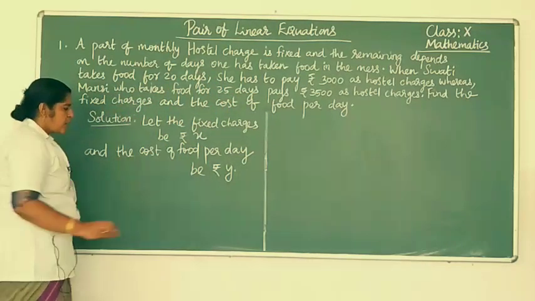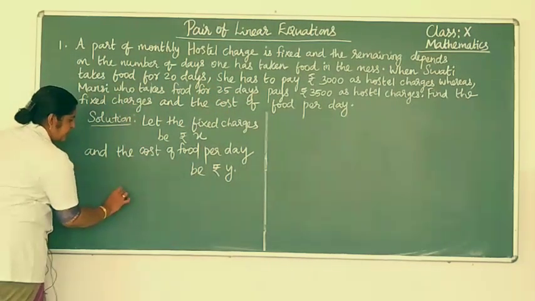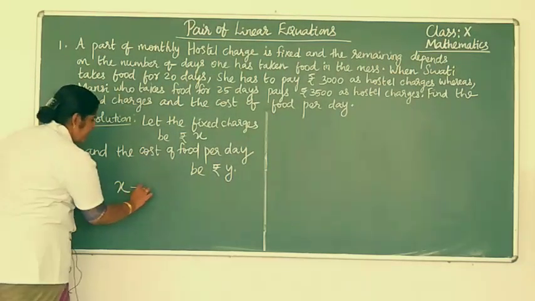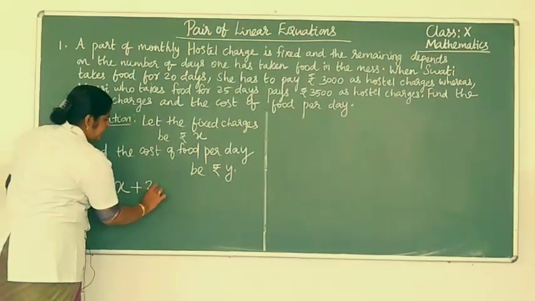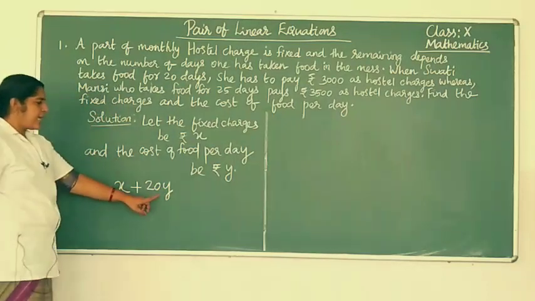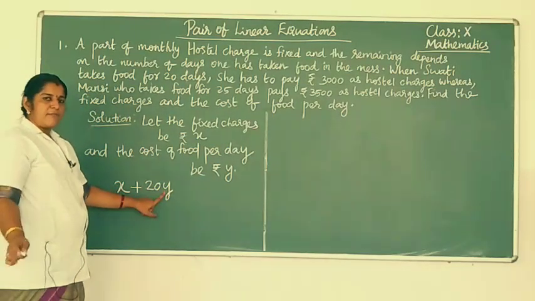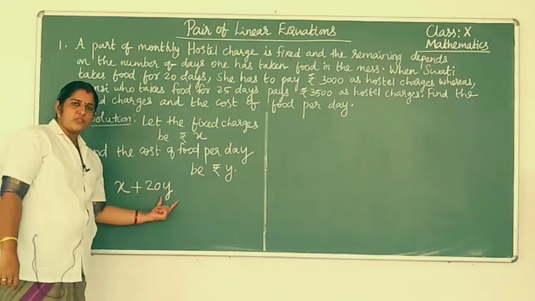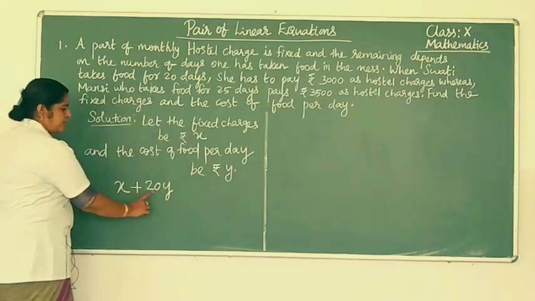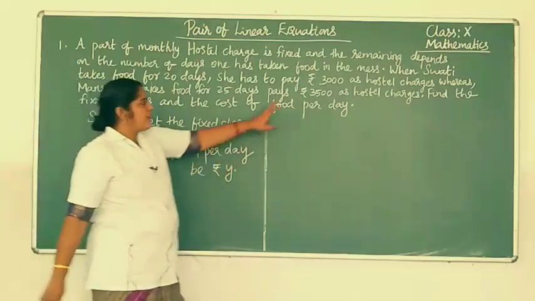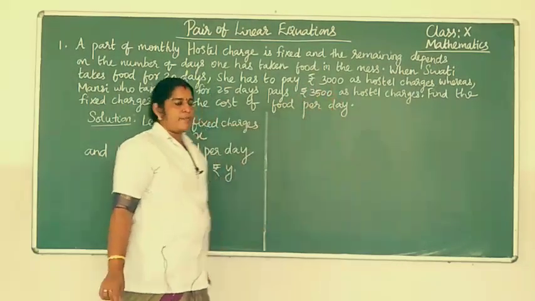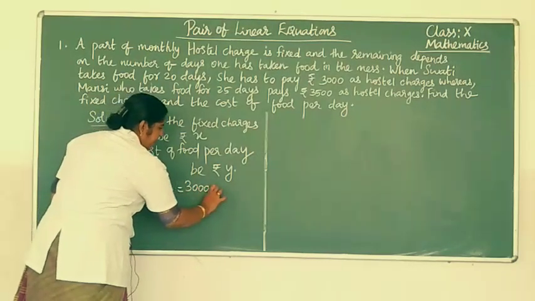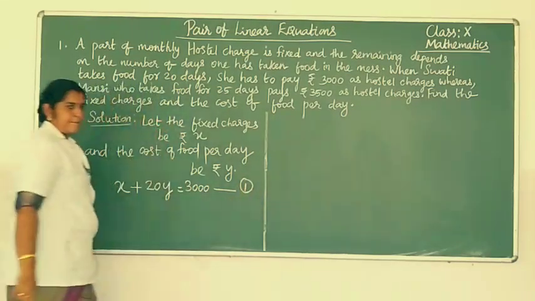How to write the equation? First equation: x, the fixed charge of the hostel, plus 20y, because for one day the money paid for food is y, so for 20 days it is 20 into y. So x plus 20y is equal to 3000 rupees for Swati. Let it be our equation 1.